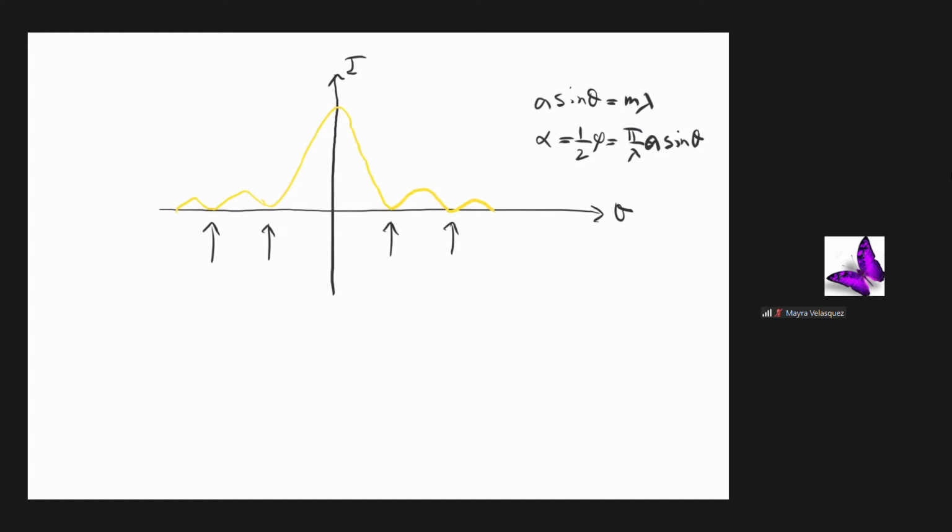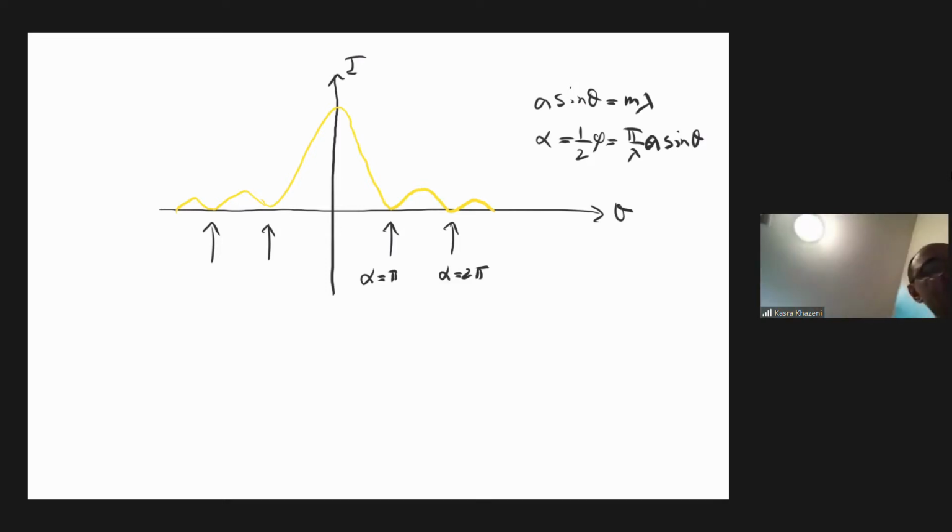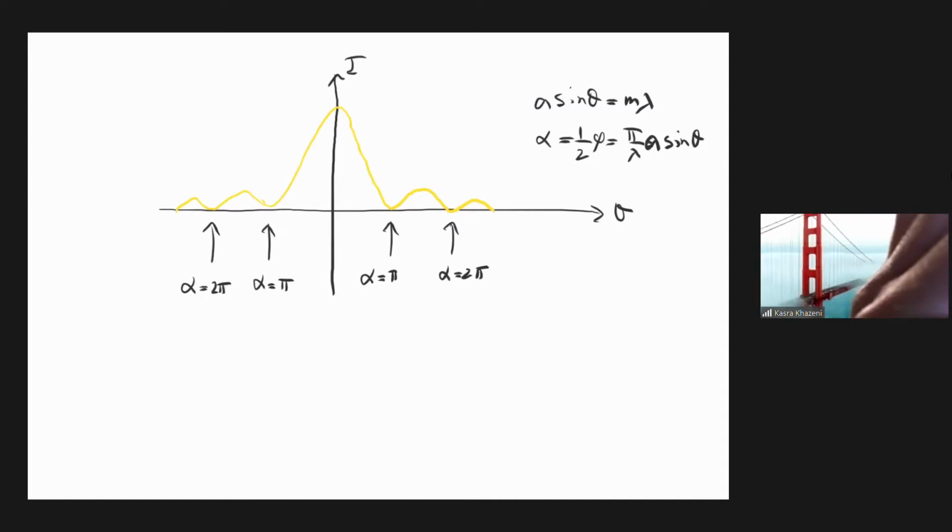And so when m is equal to 1, a sine theta is just lambda, and alpha becomes pi. And alpha here is 2 pi. Alpha is pi, alpha is 2 pi. Remember, alpha is defined up there. And this is the location of minima.